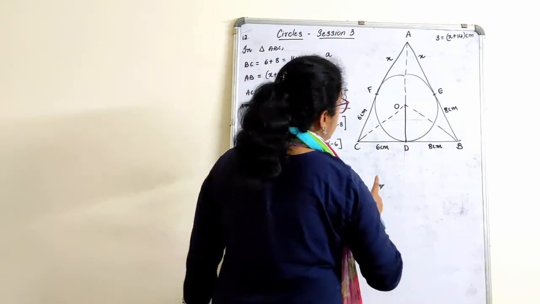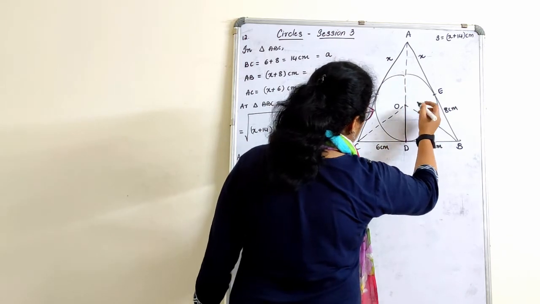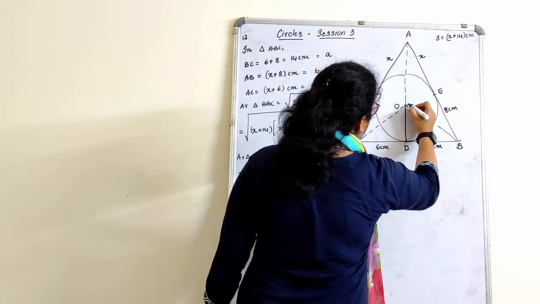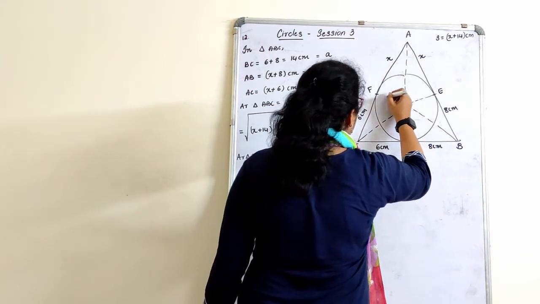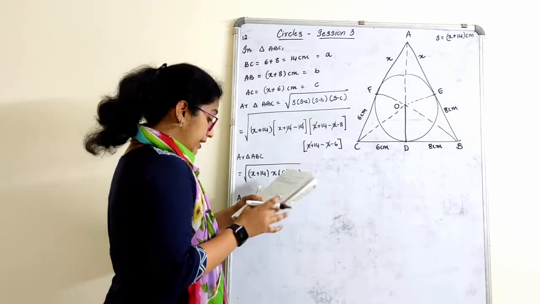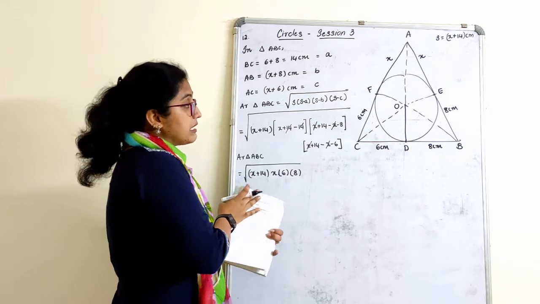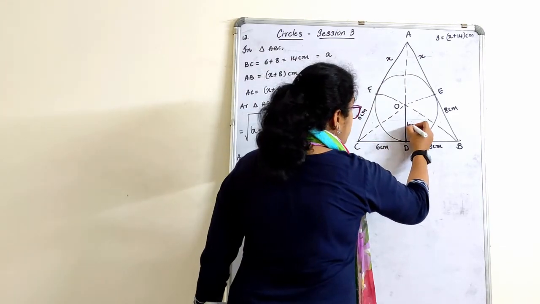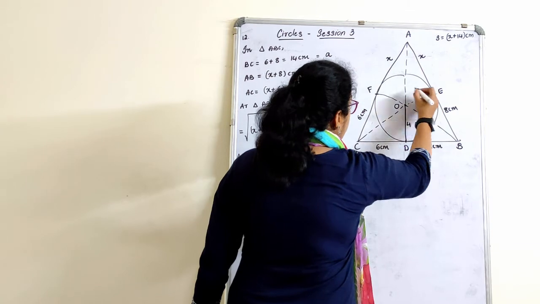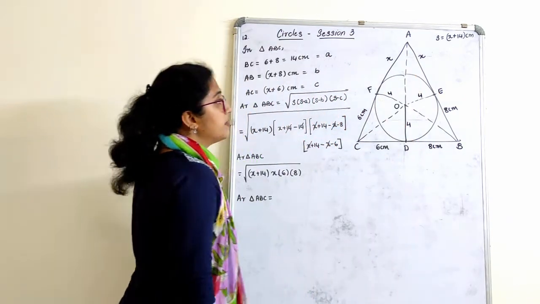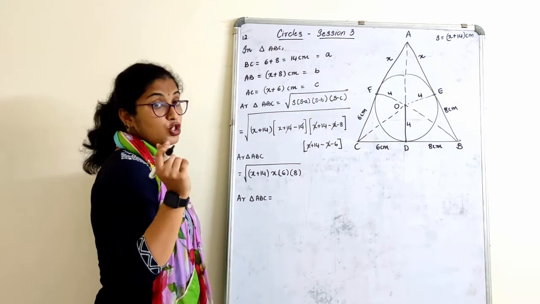Yes, children. One more thing what you have to do, I forgot to inform you all is, we have joined this. Along with that, we have to join OE, we have to join OF. If you read the question correctly, they have given that the circle has a radius 4 cm. This is radius. OE is radius, OF is radius. We haven't joined that. So please join that.